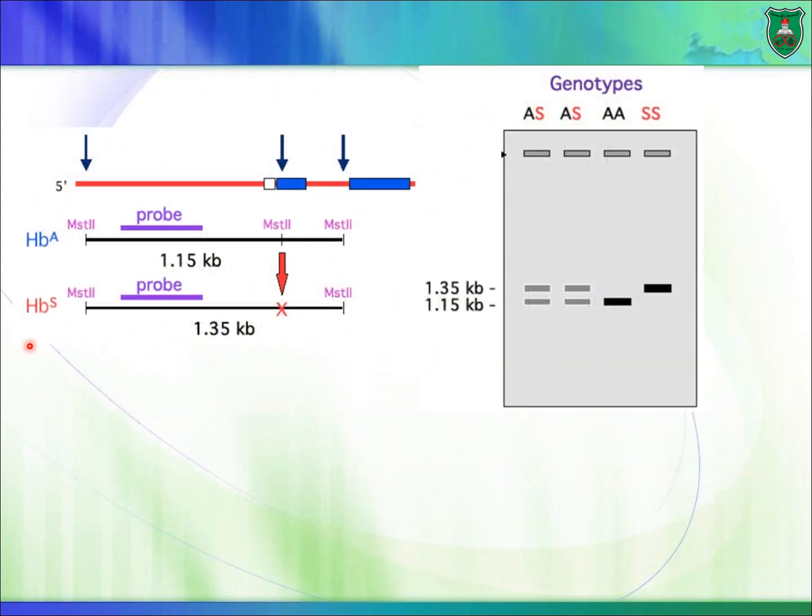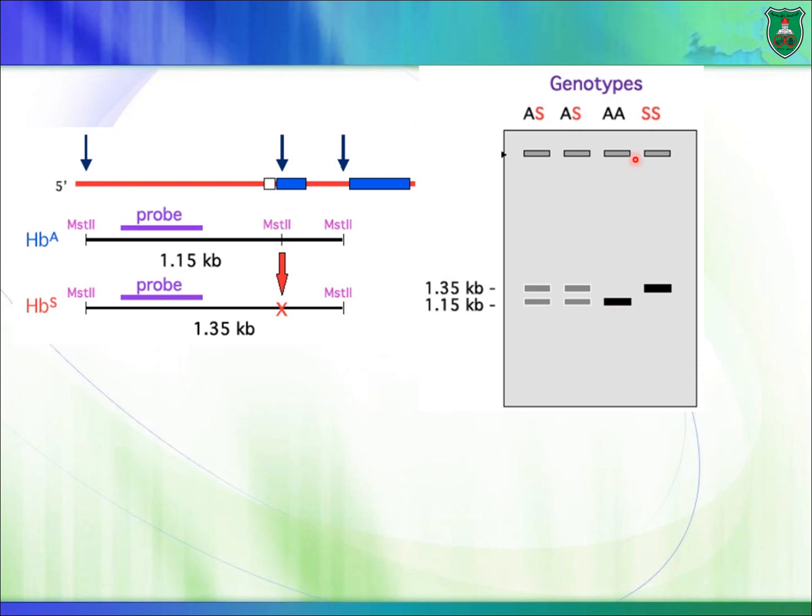So again, these are the possibilities. A person can be normal, having both normal alleles. So both of them having a restriction site that is recognized and cut by the endonuclease. And if we do southern blotting, the probe would recognize the fragment that has a length of 1.15.